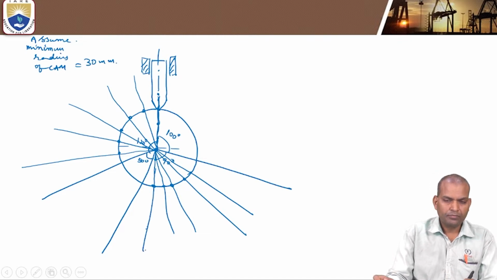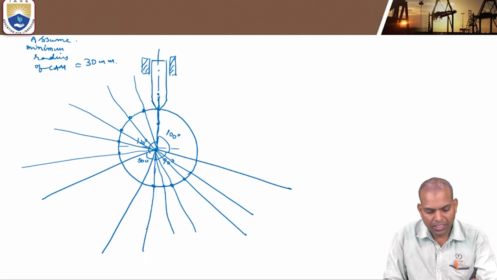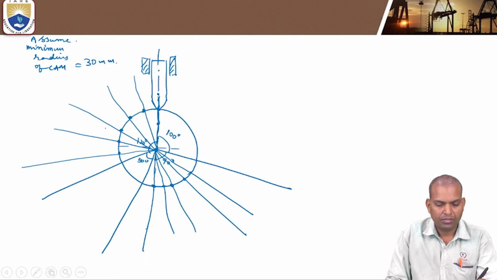Now, these are the tracing points when there is no angle of rotation.